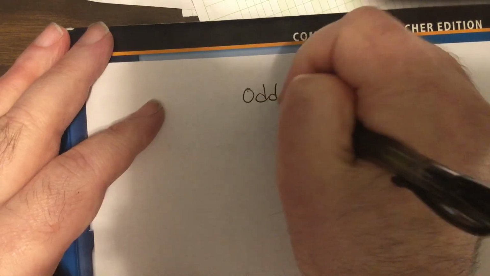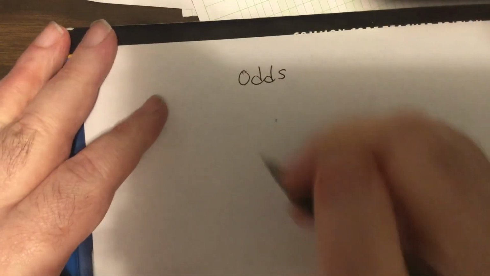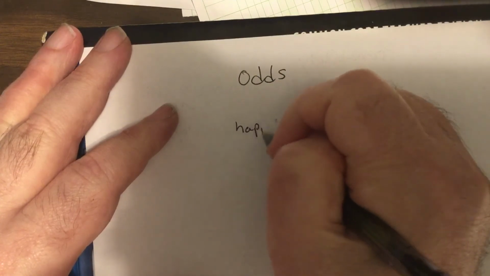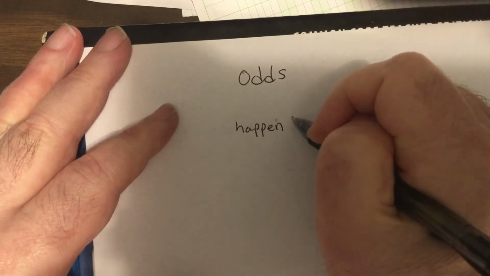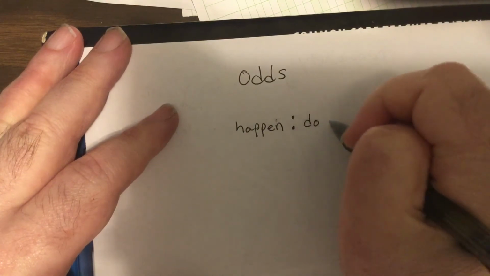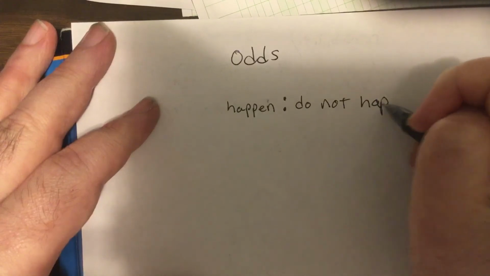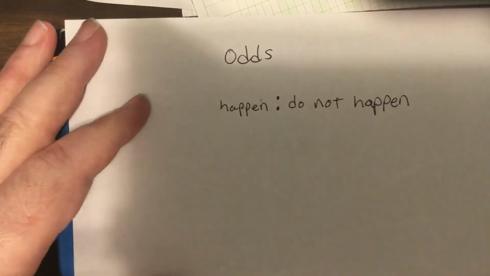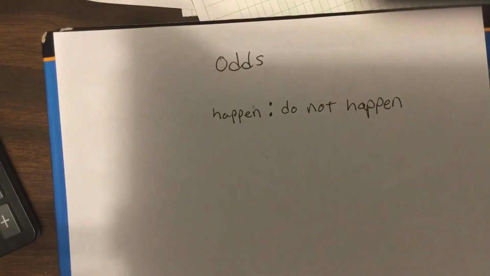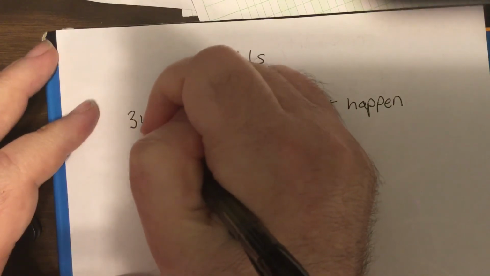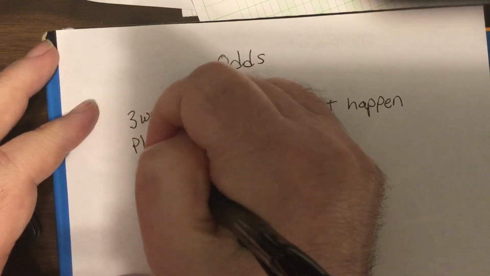Now they also talk about odds. I don't know why. I've never liked odds. But odds is how many happen compared with how many do not happen. So if I said, what are the odds for the Lions season, and they won 3 games, and they played 16.